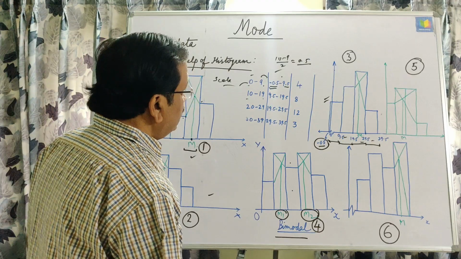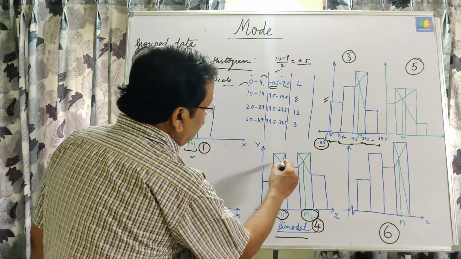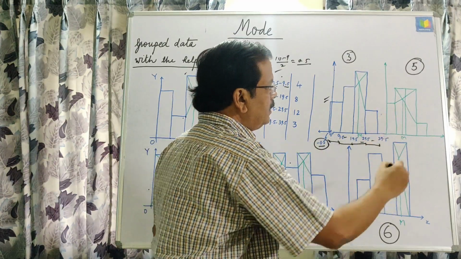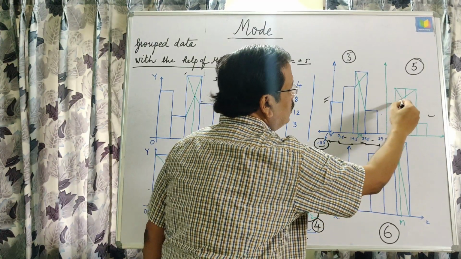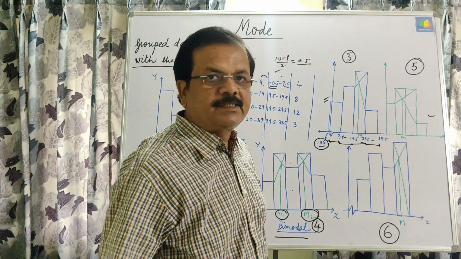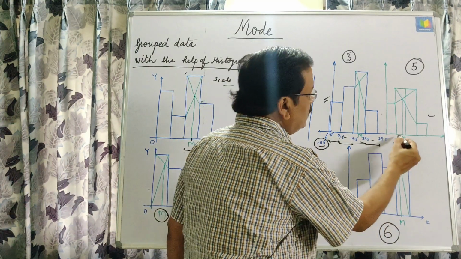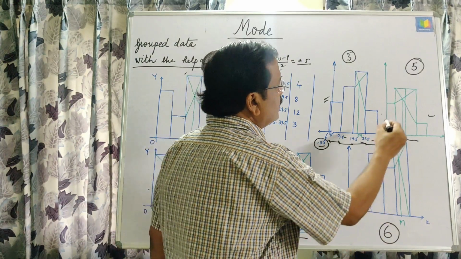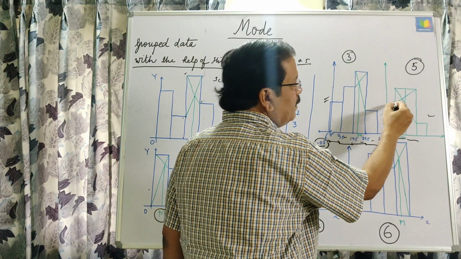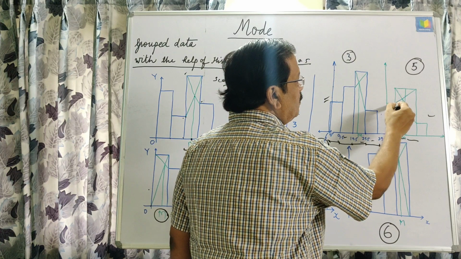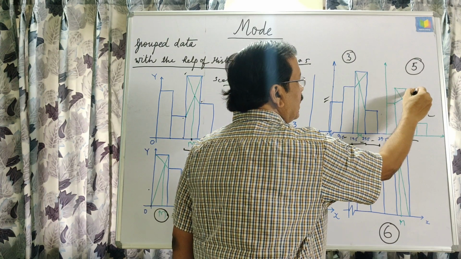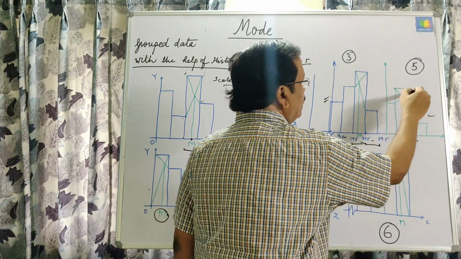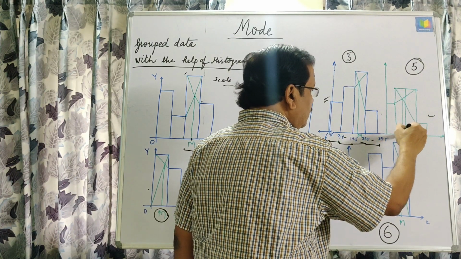Okay, but if we are getting these two blocks joined here, as in this figure, both the blocks are joined, having the same frequency with different variates. Okay, then in this case we'll follow the same way: from the upper limit to the upper limit of the second one, lower limit to the lower limit of the next one, we will join, and then draw this way.